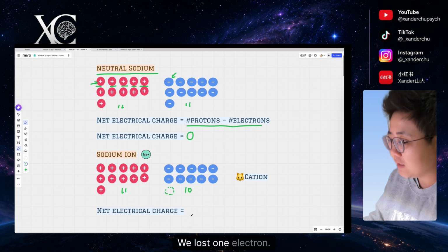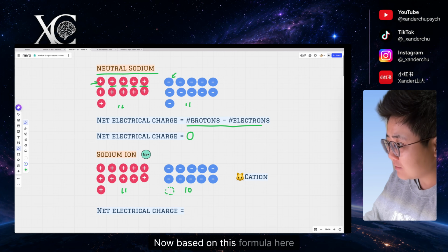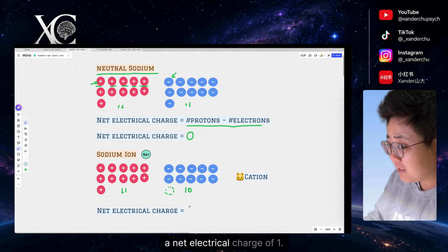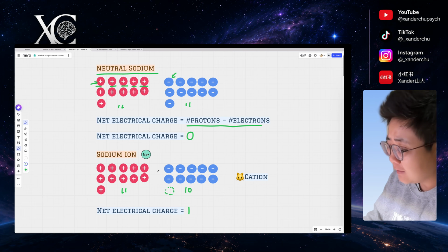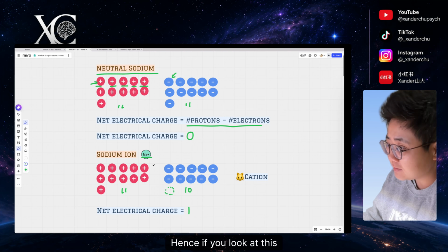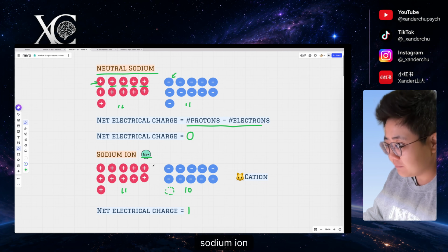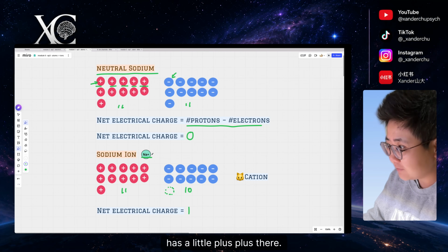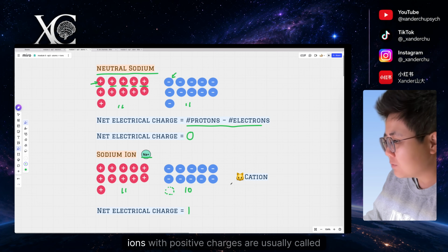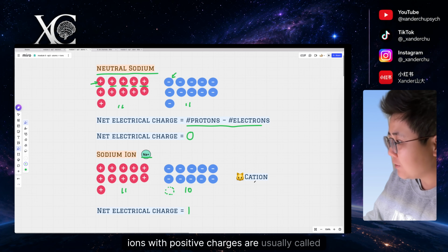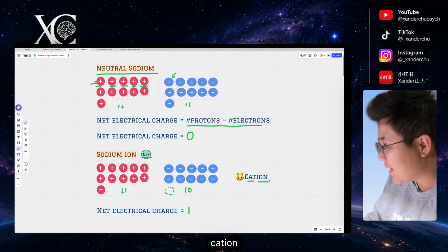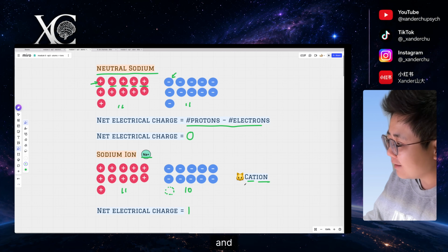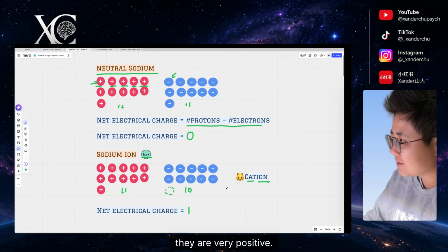We lost 1 electron. Now, based on this formula here, we have a net electrical charge of 1. Hence, if you look at this sodium ion chemistry notation here, it has a little plus there. And ions with positive charges are usually called cation ions. This is because cats are cute and they are very positive.